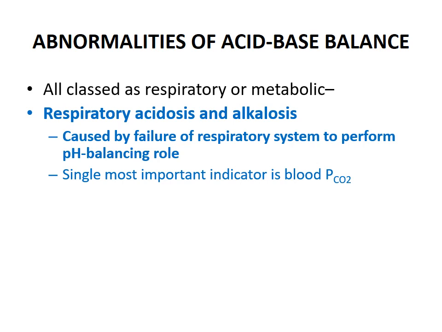Respiratory acidosis and alkalosis are caused by the failure of the respiratory system to perform the pH balancing role. The most important part you need to remember is that the problem lies in the respiratory system.